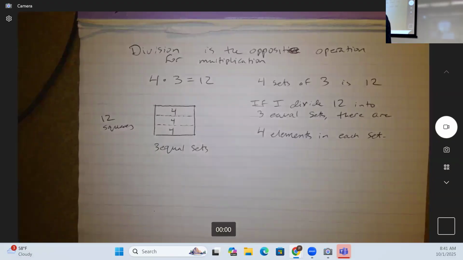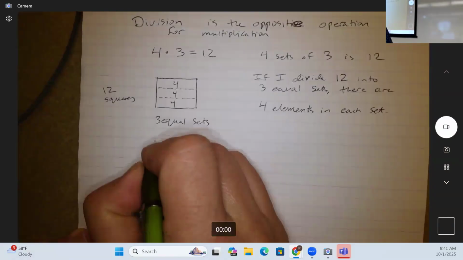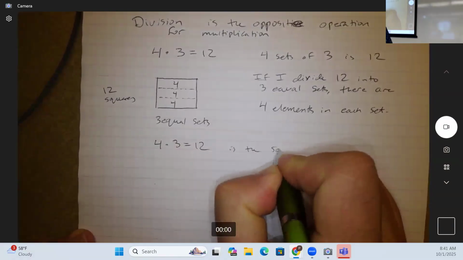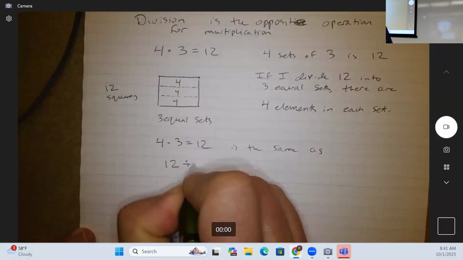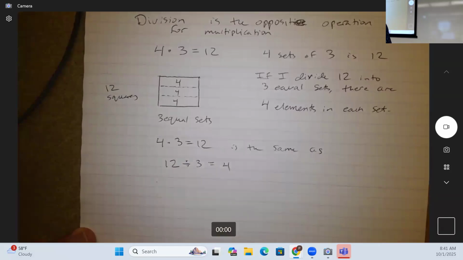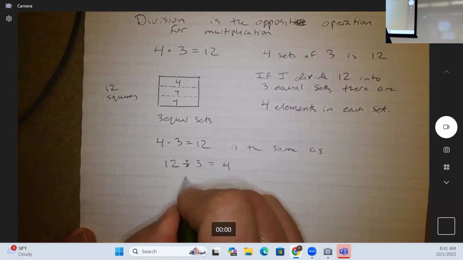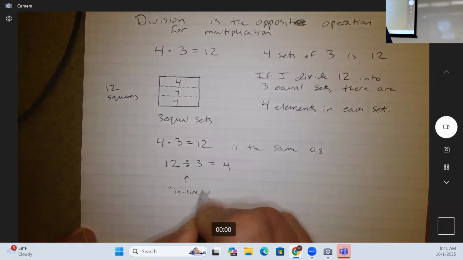Okay, so 4 times 3 equals 12 is the same as 12 divided by 3 equals 4. So this is our division symbol. I'm going to call it the inline division symbol.